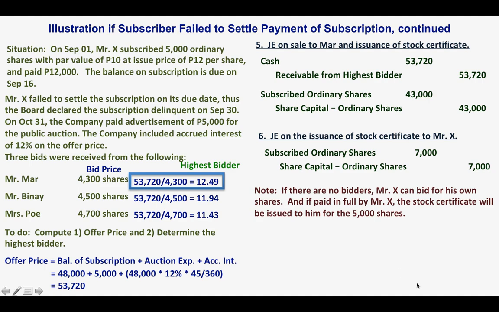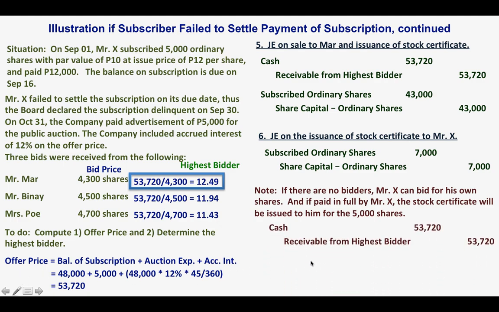So what Mr. X should do is pay the 48,000 plus the auction fee plus the accrued interest, which amounts to 53,750. So Mr. X should pay the offer price.